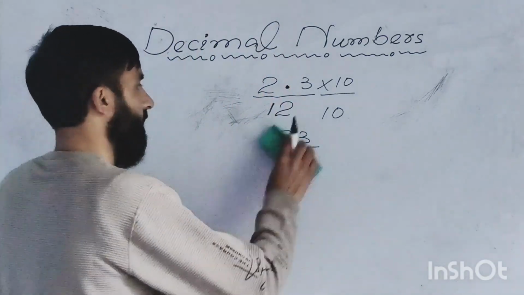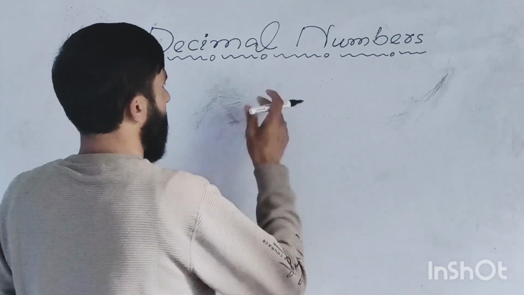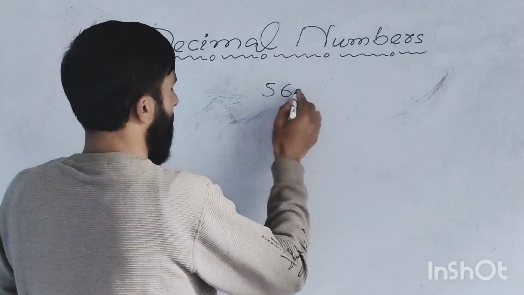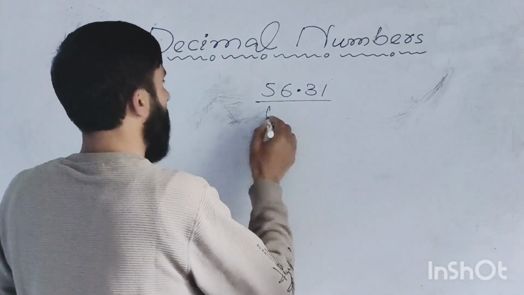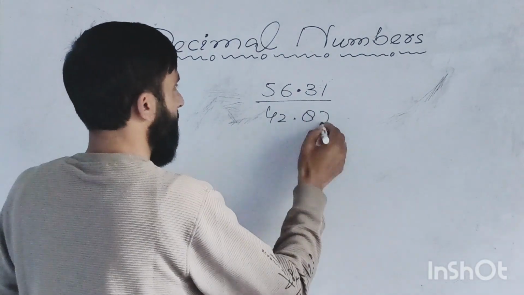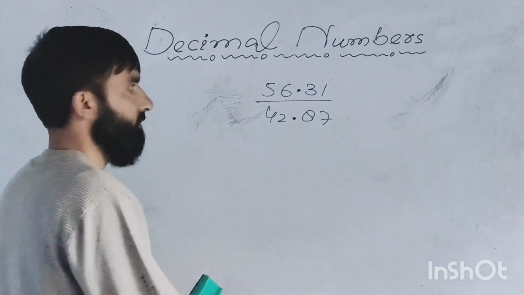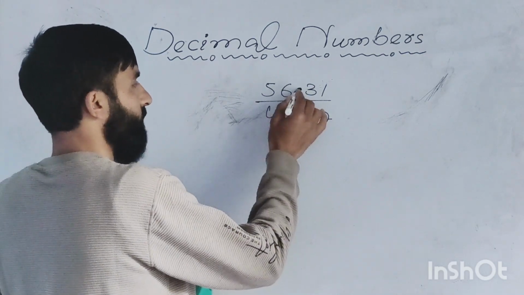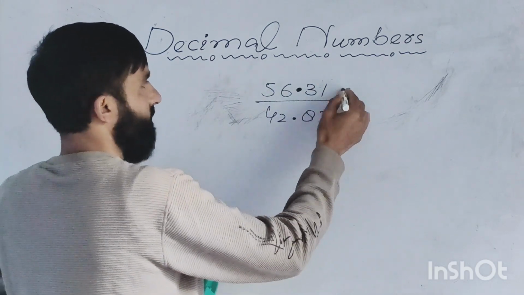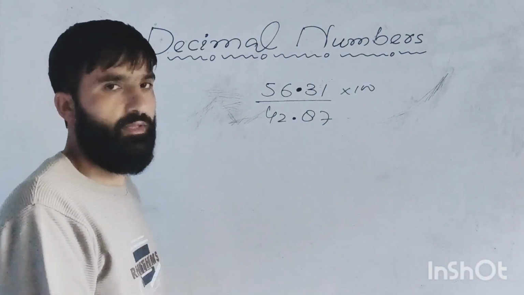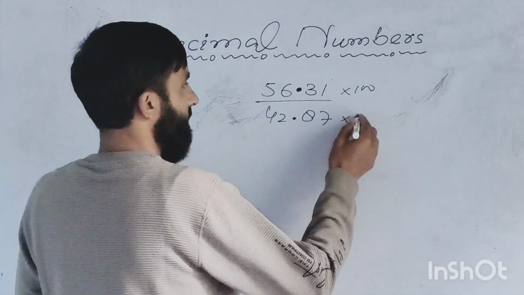Similarly, if both numbers are decimal numbers, like 56.31 divided by 42.87, what will we do? In order to finish this point, to reach it here, we have to multiply this by 100. And similarly here, we again need 100.